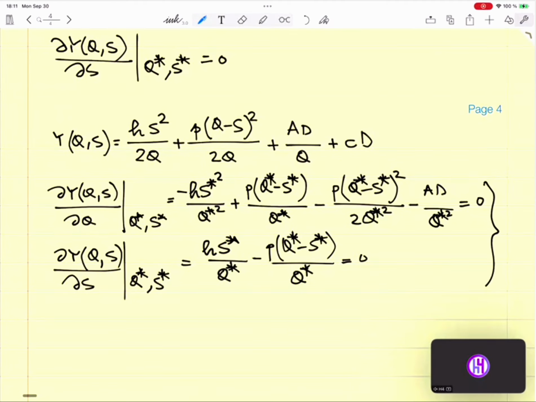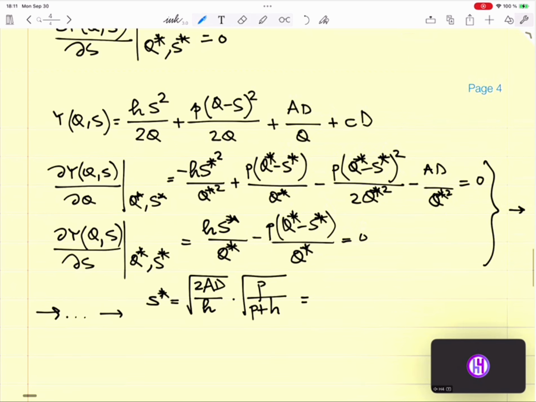If you solve these equations, we get the solution that S star equals the square root of 2AD divided by H, times the square root of P divided by P plus H. This is the inventory after delivery.